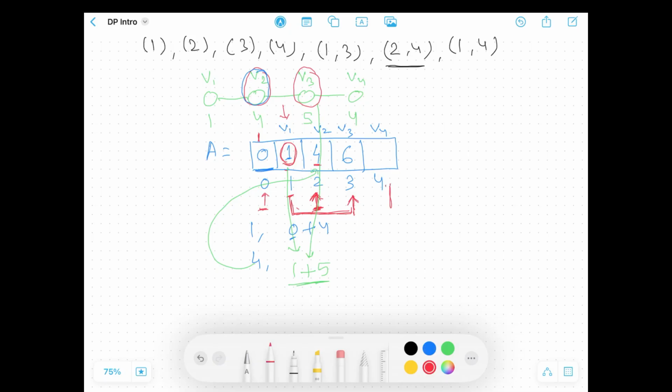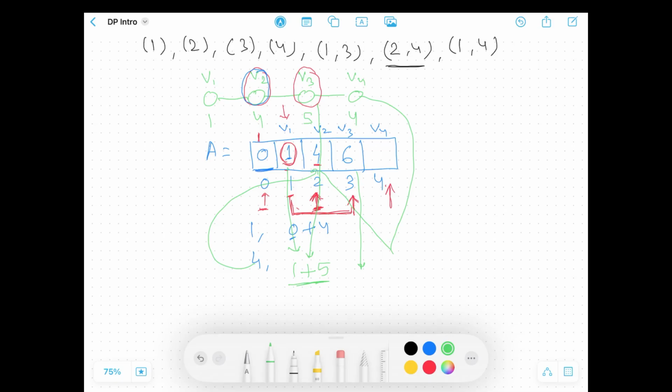Similarly, when we are here, the maximum value either can come from the previous vertex, or it could come from the already calculated maximum and the current weight. So you see how we are using the previous calculations for our current solution to the subproblem.